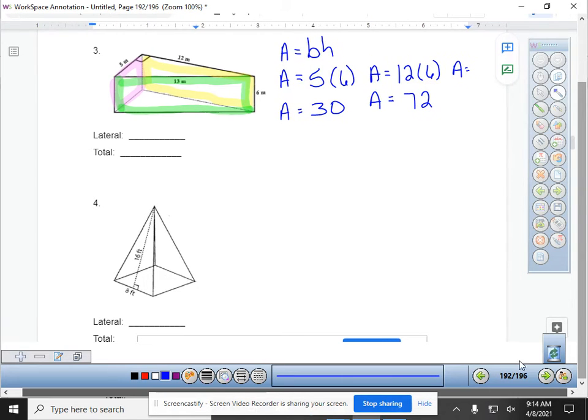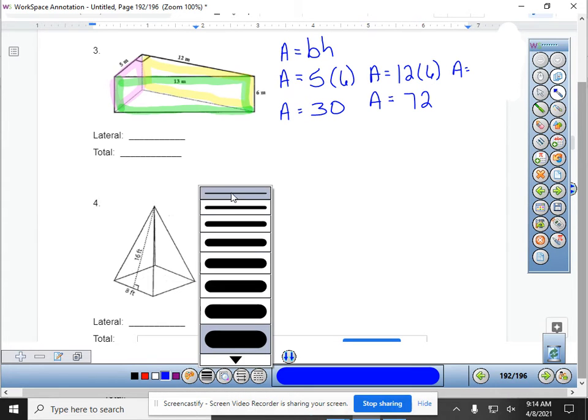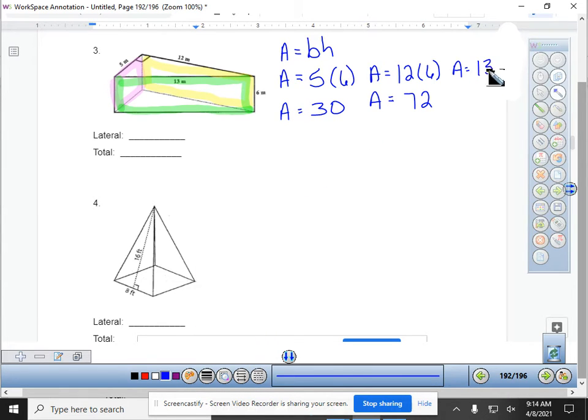What are the dimensions? 13 and 6. Y'all can go ahead and do that. I'm just making some room for me to write. So this is going to be 13 times 6, which is, how do we find the lateral surface area? You add them all together. Did everybody get 180? Yes.